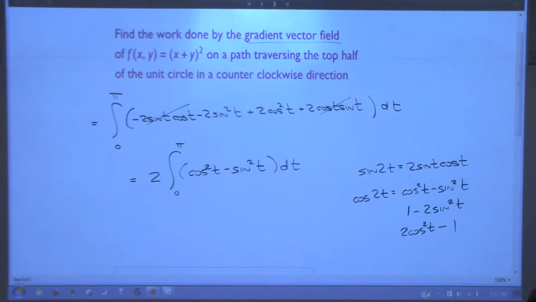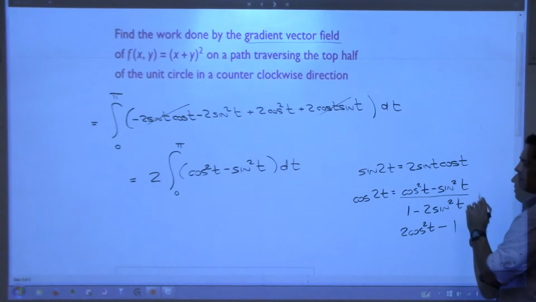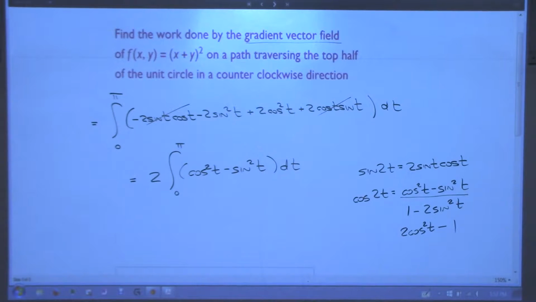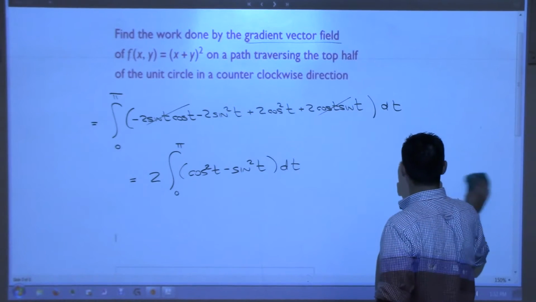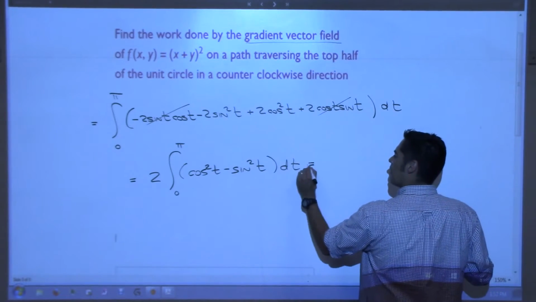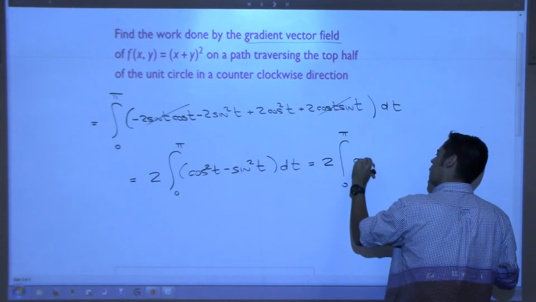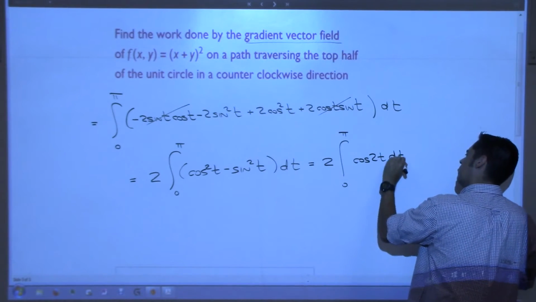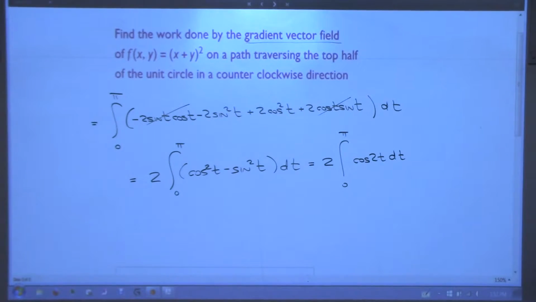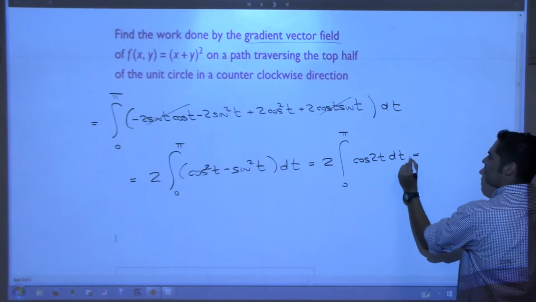So if we believe this, then that right there is cosine 2t, which is 2 integral 0 to pi cosine 2t dt. Antiderivative of cosine is sine, but then we have to scale because we got a 2 in there, so 1/2, right?